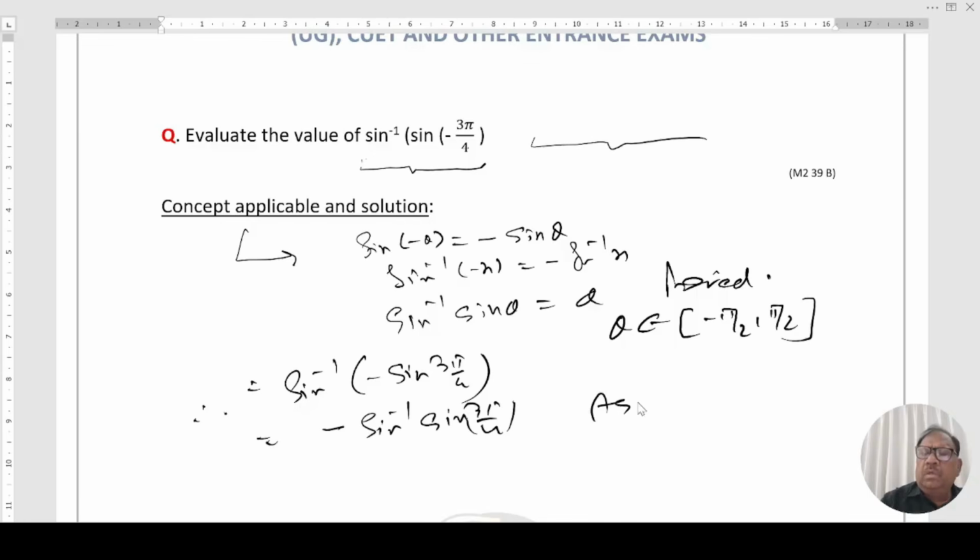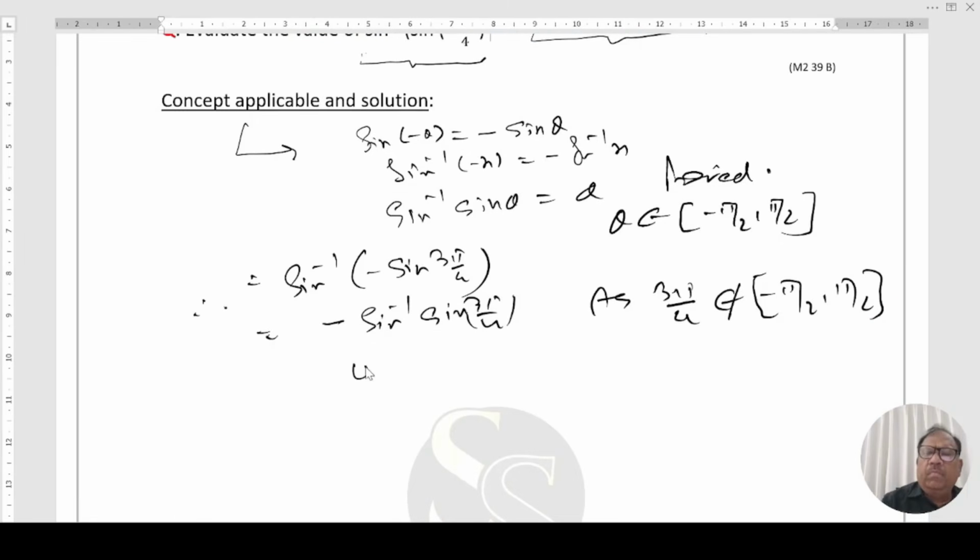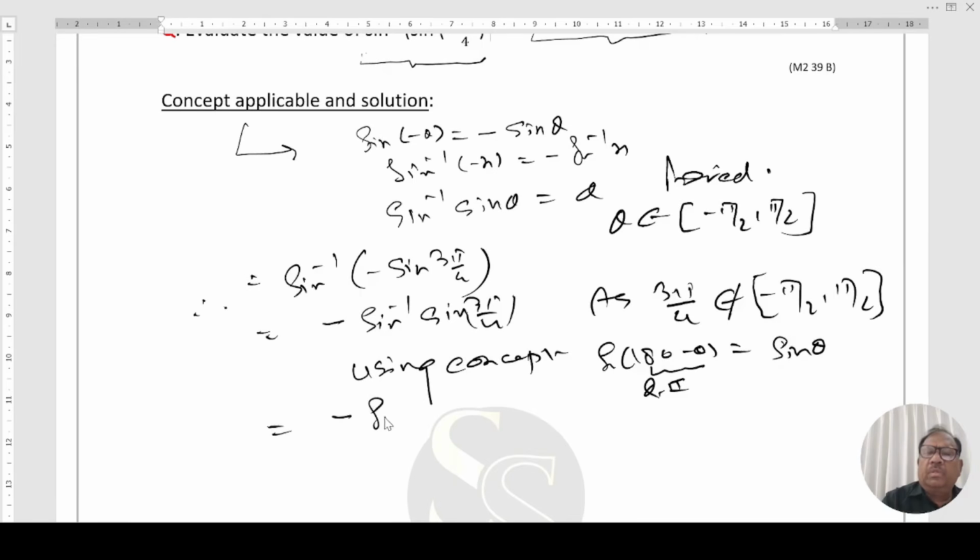Now, as 3 pi by 4 does not belong to minus pi by 2 to pi by 2, therefore, using the concept sine of 180 minus theta, second quadrant, that is equal to sine theta, this can be written as minus sine inverse of sine of pi minus pi by 4.